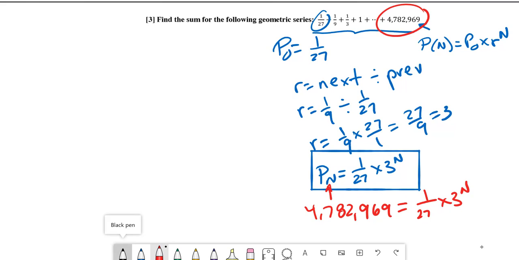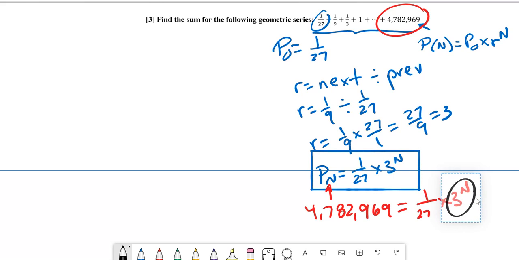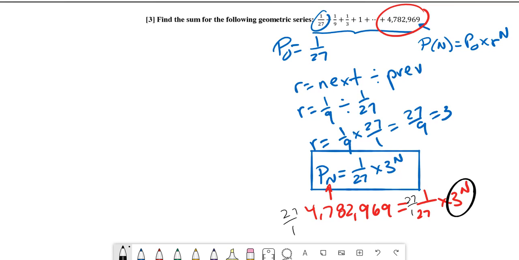So we want to isolate the 3 to the n. And to do that, we're going to need to multiply both sides by the reciprocal of 1 over 27. And when we multiply by the reciprocal, on the right-hand side, that becomes 1. And on the left-hand side, we're going to have to plug that into our calculator.